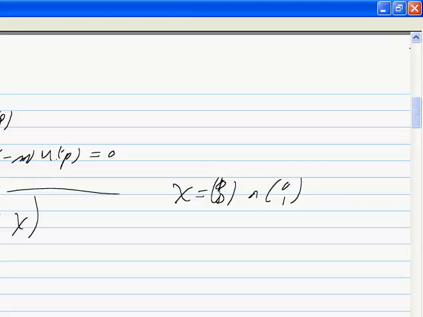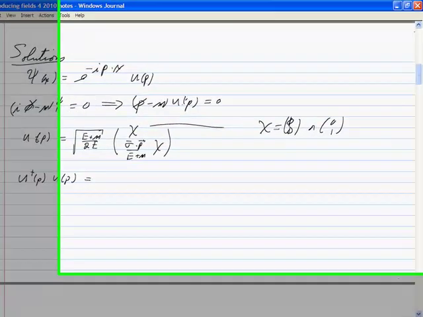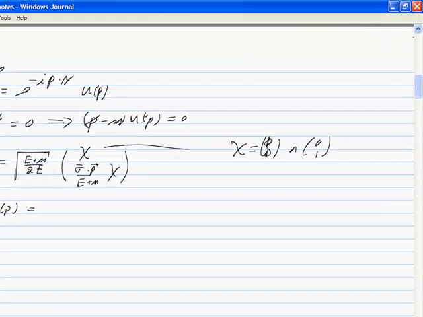Okay, if you work out what this is, if I take u dagger of p, u of p, that's just multiplying out those two things. That turns into 1.